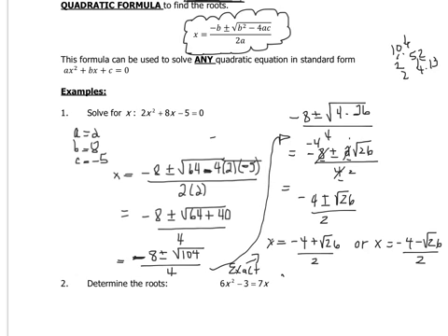But you could also have the approximate answer, which would just be plugging these into your calculator. X is approximately negative 4 plus the square root of 26, and then divide that by 2, which is approximately 0.55, or negative 4 minus the square root of 26, and divide that by 2, and you get negative 4.55 if I round it off.